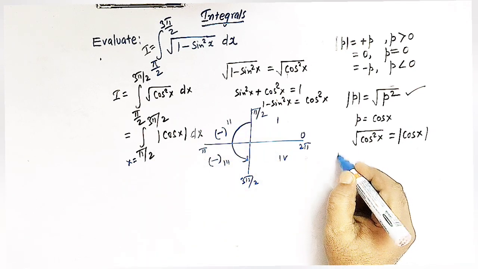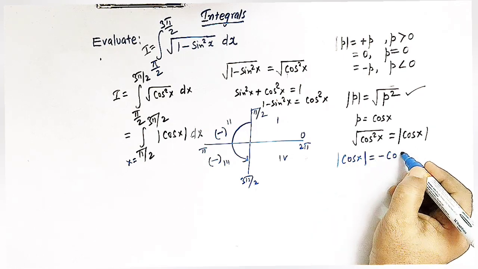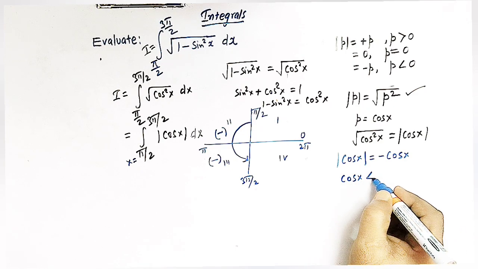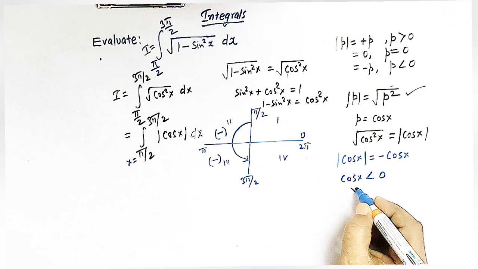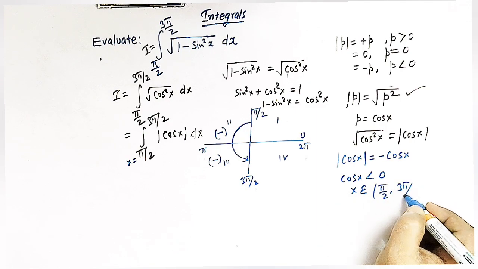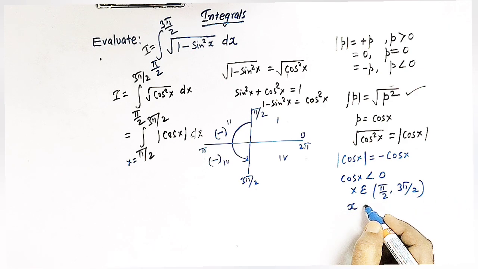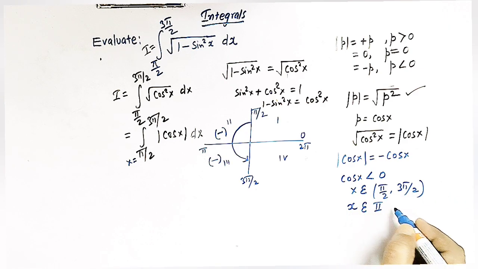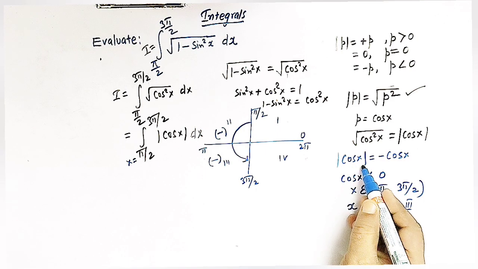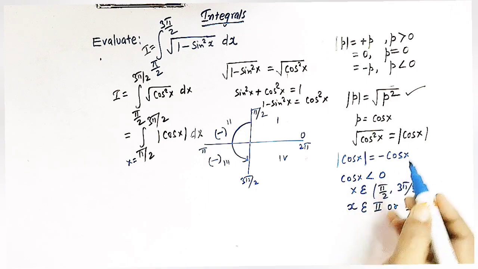So we can now write mod of cos x is equal to negative of cos x, because cosine function is less than 0 when x belongs to the second quadrant or the third quadrant.